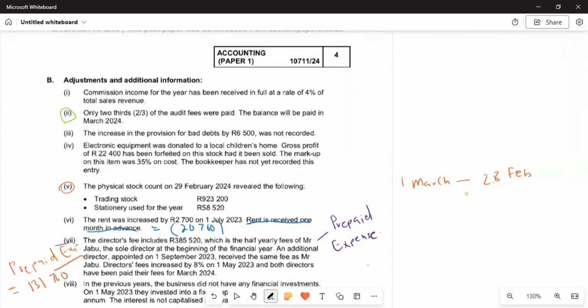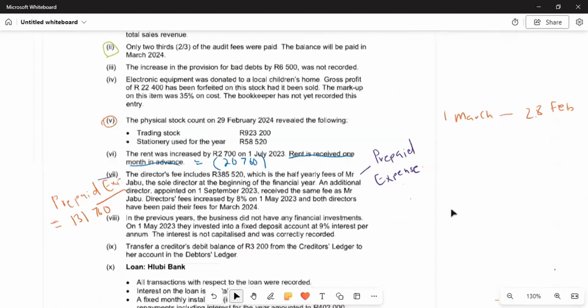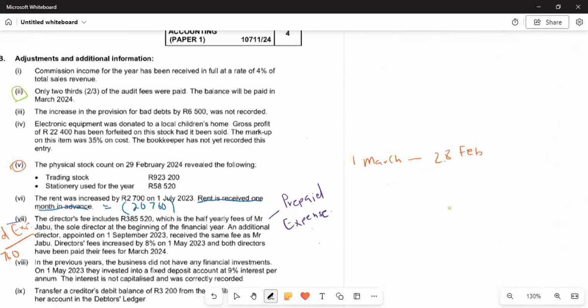Now, let's go about doing that. So I have audit fees of 69,720, right? And they told me that this is only 2/3. Now the balance would be paid next year. So basically, I need to add that balance that would be paid next year, because we recognize transactions when they happen, not when the actual cash flow occurs, right? So now to find it, I'll just say, okay, 1 minus the 2/3.